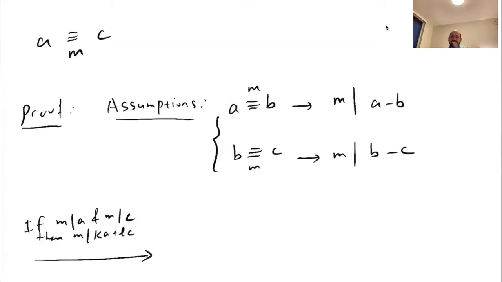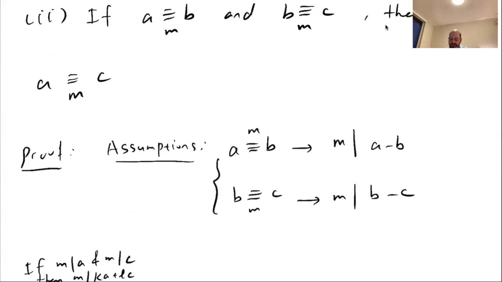We said if M divides two numbers, then M divides any multiple of the first plus any multiple of the second. So in this case, I just need a simple version of it. M divides A minus B, M divides B minus C. Therefore, M divides the addition of them as well.